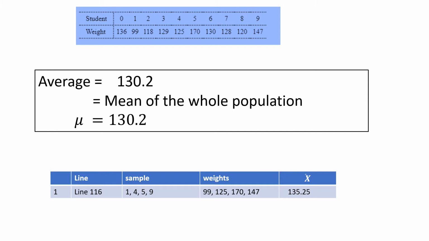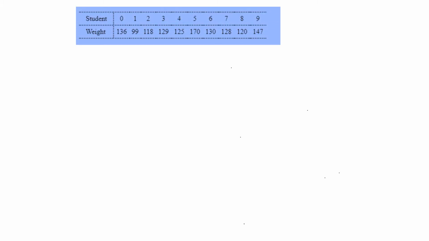Now, if you repeat this process 9 more times by picking lines 117, 118, 119, etc., the same process is repeated 9 more times. For this whole population, we got the mean to be 130.2.